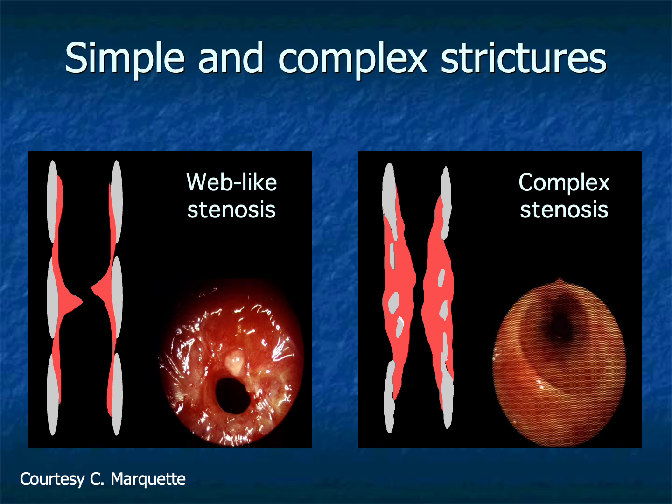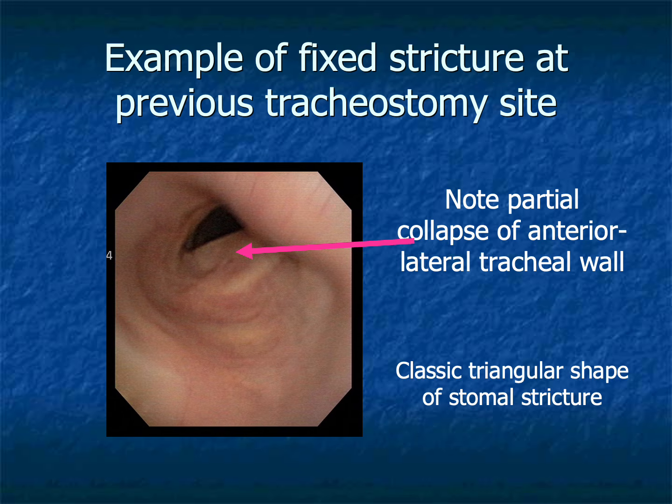The triangular stomal stricture seen after tracheostomy is a classic example of how medical intervention itself may permanently alter airway anatomy. Bronchoscopy repeatedly reminds us that the airway has a memory. Prior illness, prior procedures, prior survival, and prior injury all leave structural traces behind.